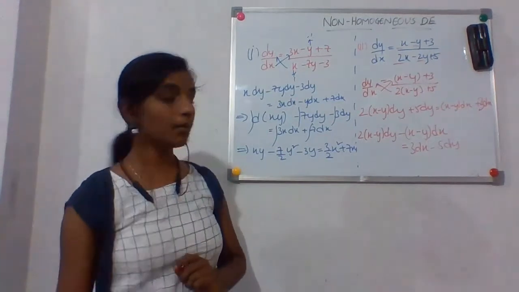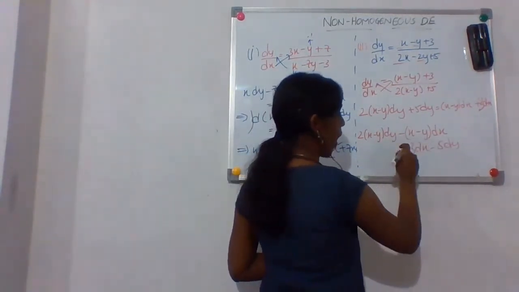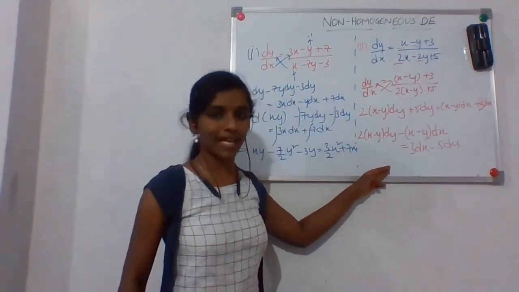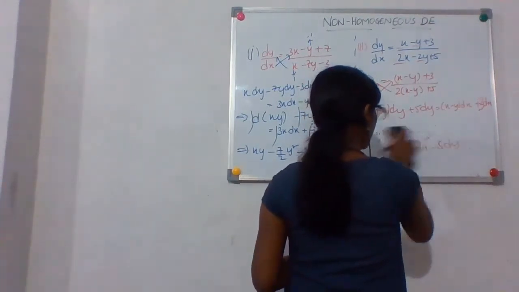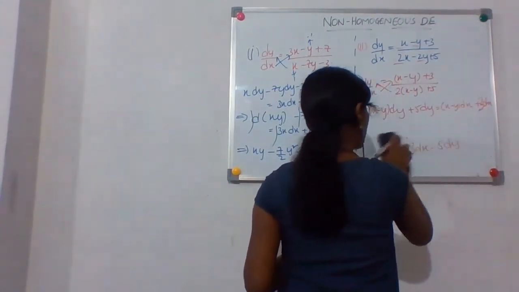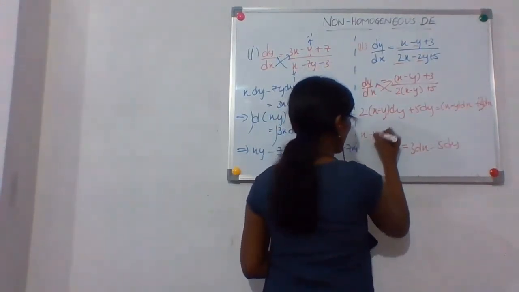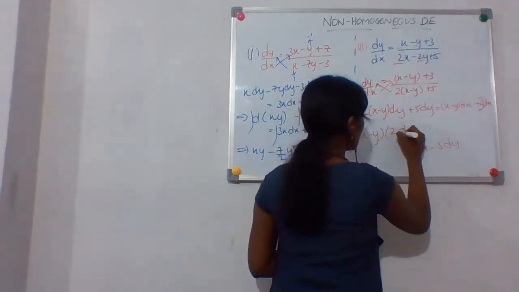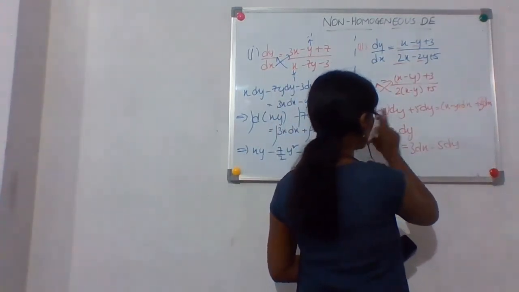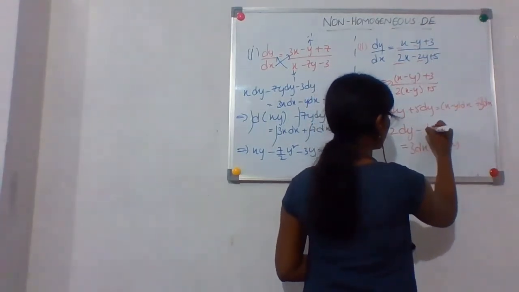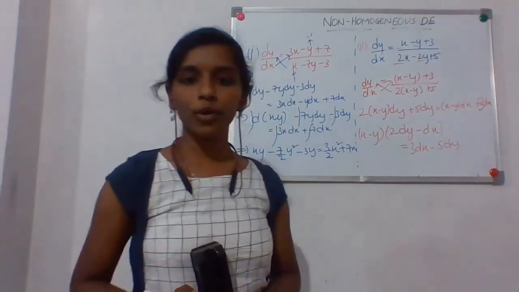Is it clear now? Now I am going to take this x minus y common in the same step. If I take x minus y as common, 2 dy minus dx, right? Is this what I am going to get over here?